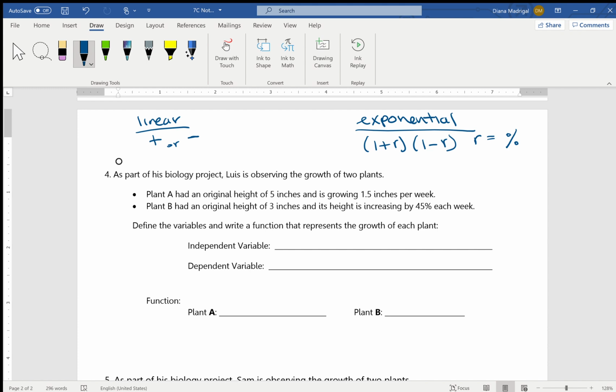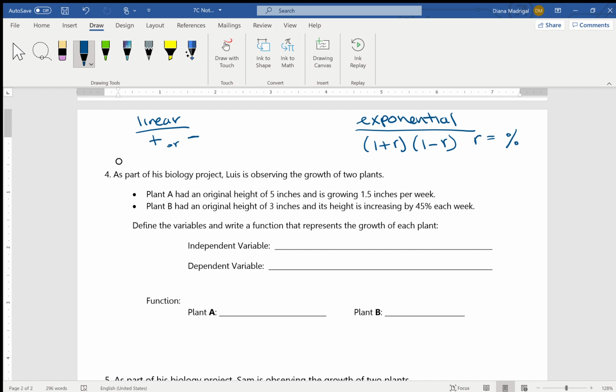So numbers given as a percentage are going to be exponential, not linear. Numbers that don't have any percentages, just regular positive or negative numbers, are going to be linear functions. Okay, so we're going to read some problems, identify which one is exponential, which one is linear, and write the equation for it.